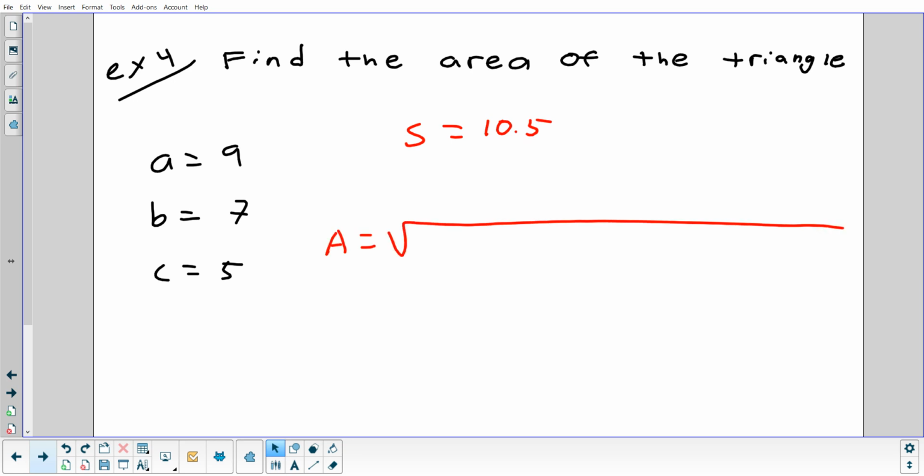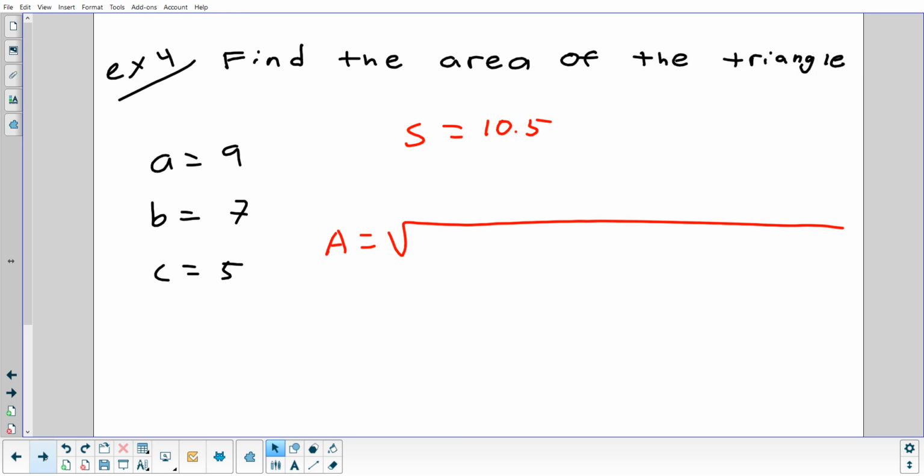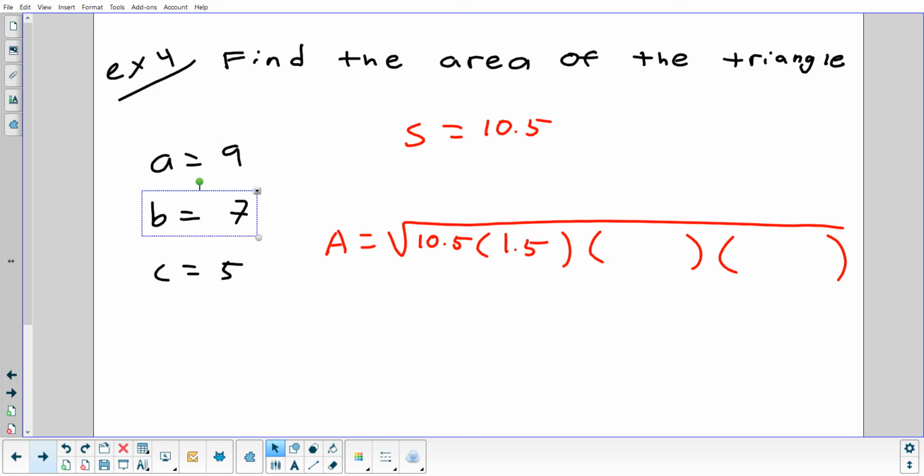10.5. So the formula for the area, without worrying about finding the angle at all, is S times S minus every side. There's S. What's S minus 9? 1.5. What's S minus 7? 3.5. And what's S minus 5? 5.5.